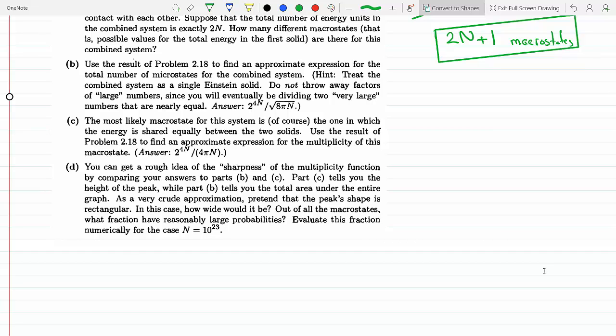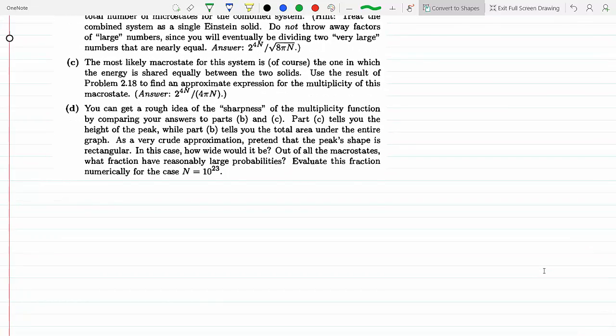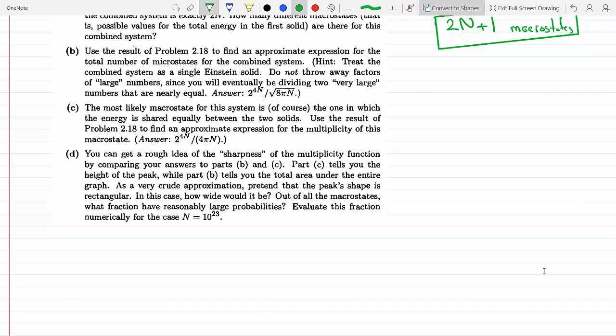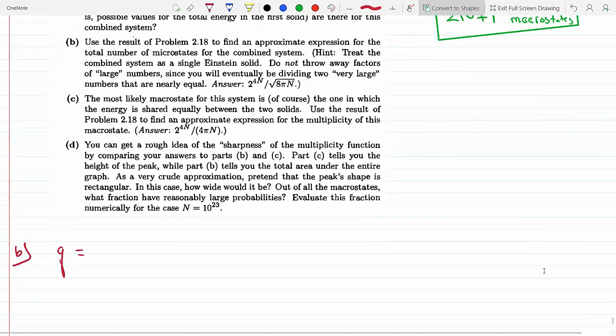So in our case then, in formula 218, the total number of oscillators, so I'm gonna do B here because I need the space. We know that the total number of energy units will be the total energy provided in the question, which is 2n.